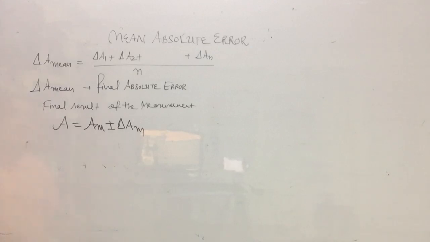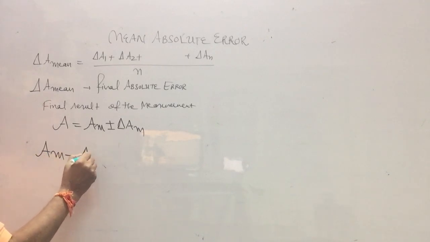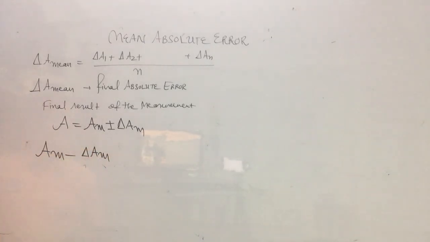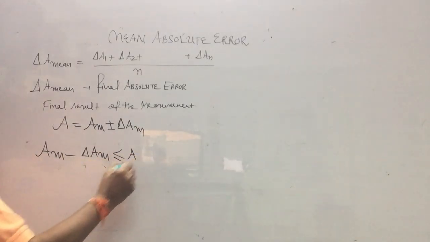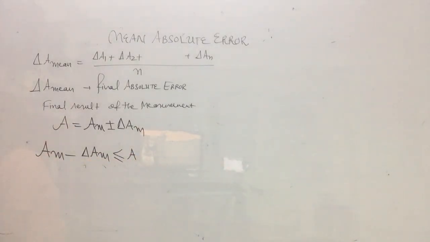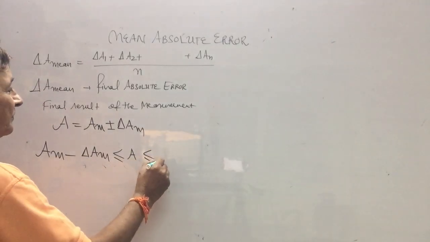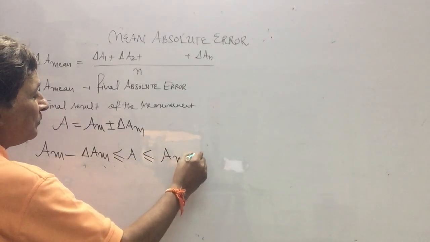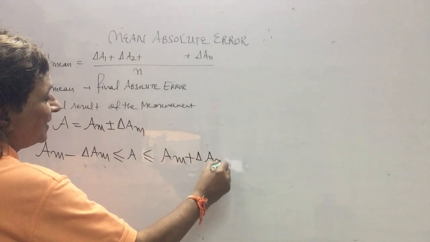It means AM minus delta AM is less than or equal to A, is less than or equal to AM plus delta AM.